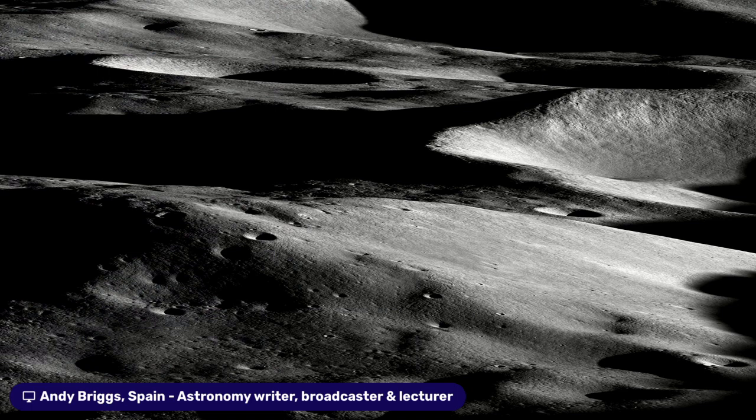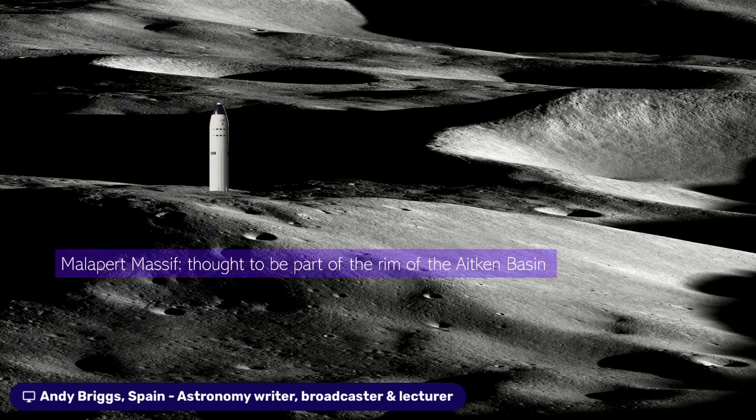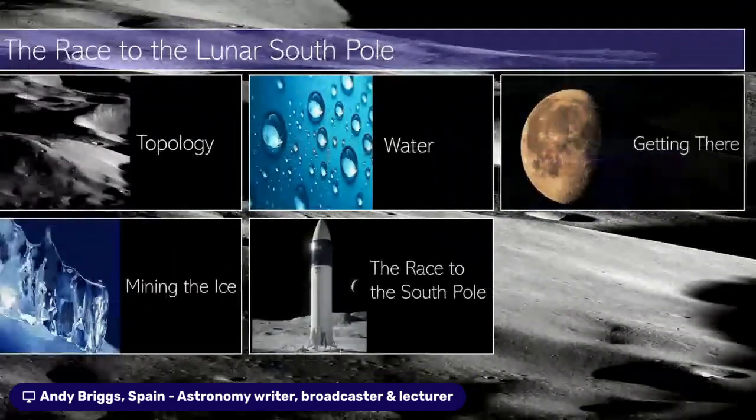So hopefully astronauts will descend on SpaceX's Lunar Starship towards the moon's south pole and land on this sort of mountainous region here, which is called Malapert Massif. It's thought to be actually part of the rim of the Aitken Basin, that massive impact crater basin that is mainly on the far side of the moon. But the Malapert Massif is thought to be part of it, and hopefully in 2025, this is where NASA will land.